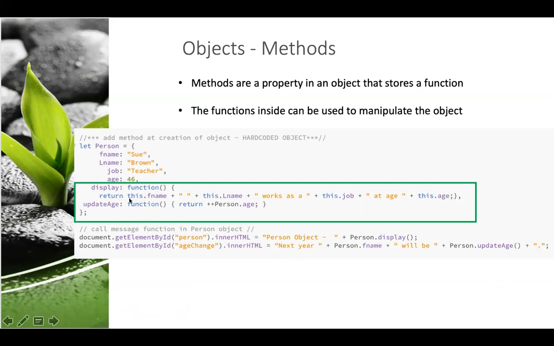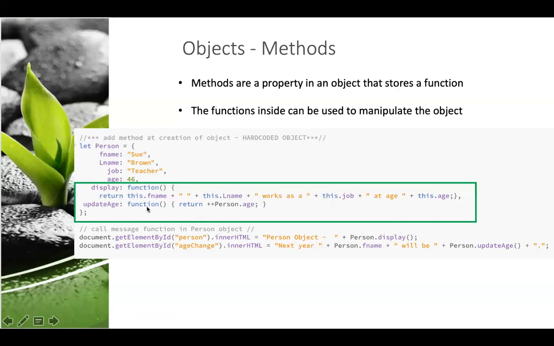So we're currently working with person, so it's this.firstName, which would be Sue, and then a space, then her last name Brown, then a space, works as a teacher at age 46. These are all concatenated together. It's going to print that out.